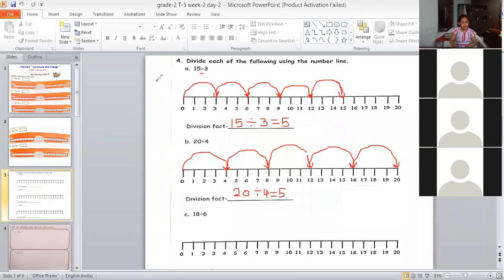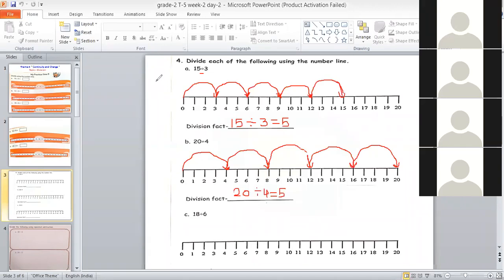Adya, please read the last question, third bit. 18 divided by 6. Yes, say 18 divided by 6.